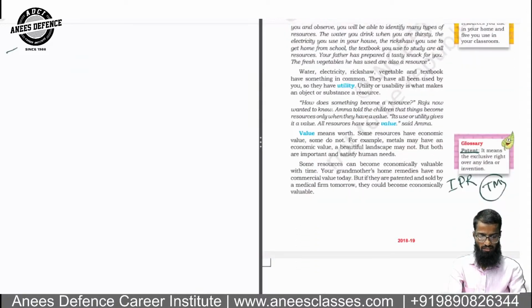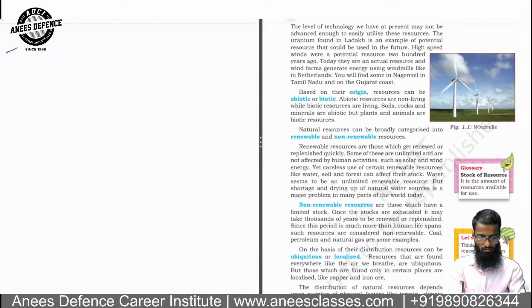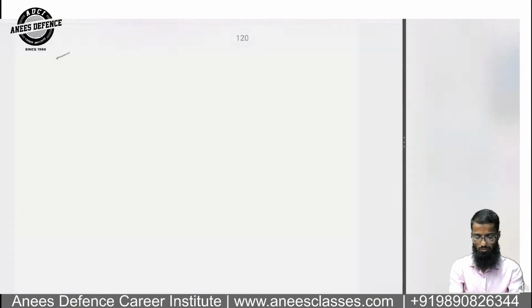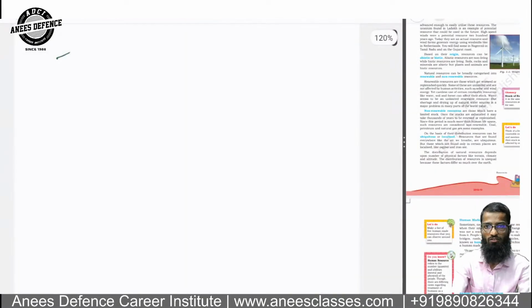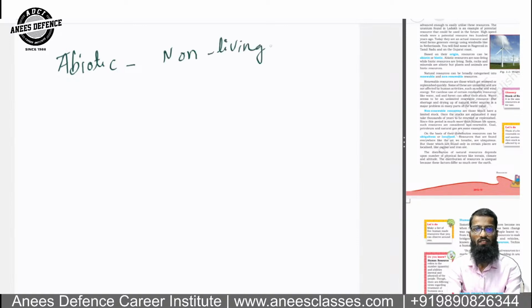Okay, the second thing is biotic and abiotic. So you need to understand what is biotic and what is abiotic. Abiotic means non-living. Okay, non-living things are called abiotic things.